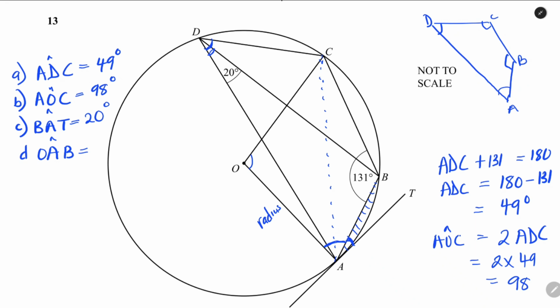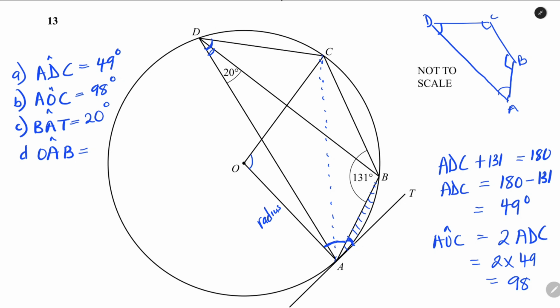And what's angle OAT? It's a right angle. Why? The angle between the tangent and the radius is 90 degrees. Your tangent will always make 90 degrees with the radius of the circle at the point of the tangent hitting the circle. So this entire angle here is 90.